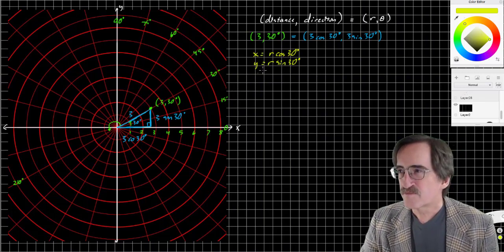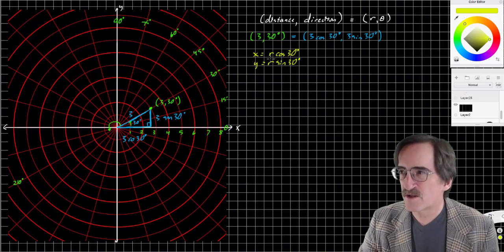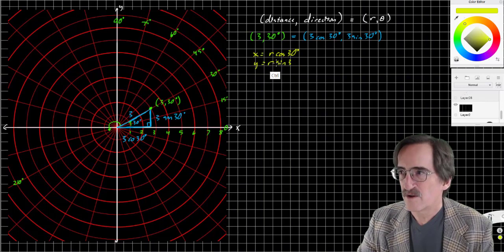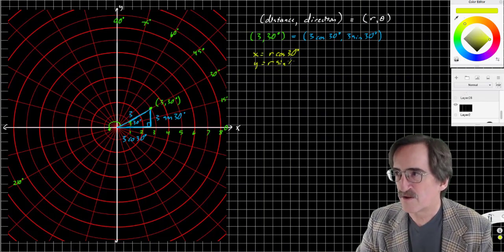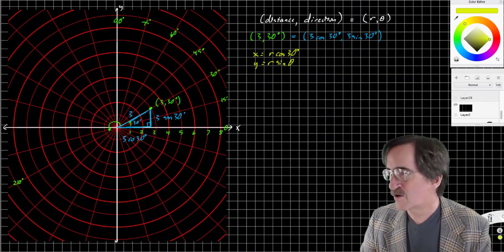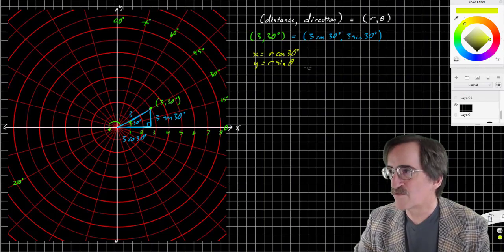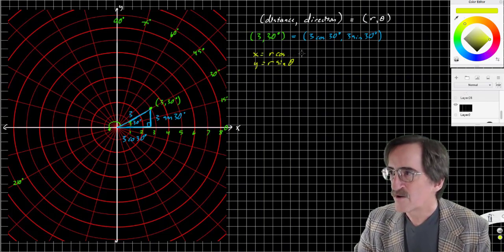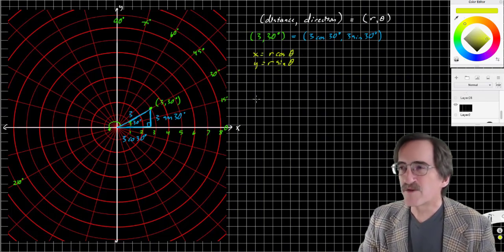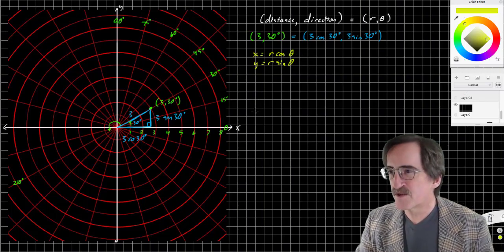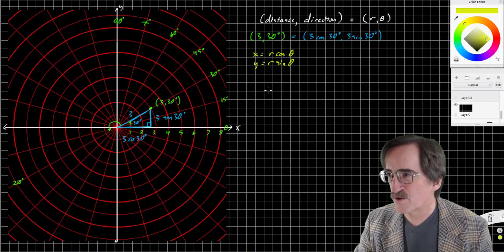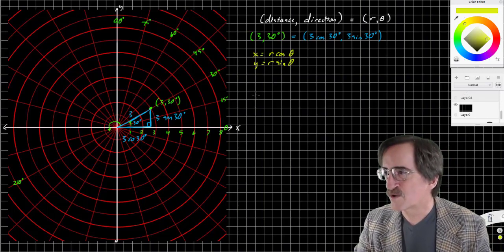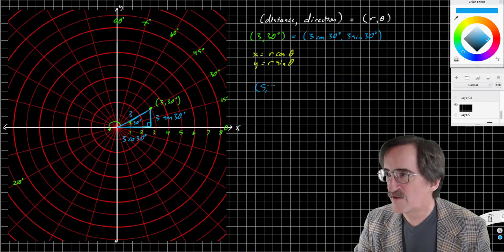Okay, so use r sine theta and r cosine theta to convert between polar and rectangular coordinates. But what about going the other direction? Let's say I've got the rectangular coordinates 5, 7.